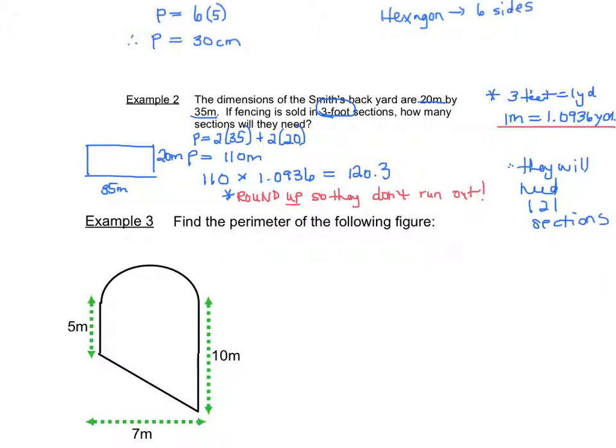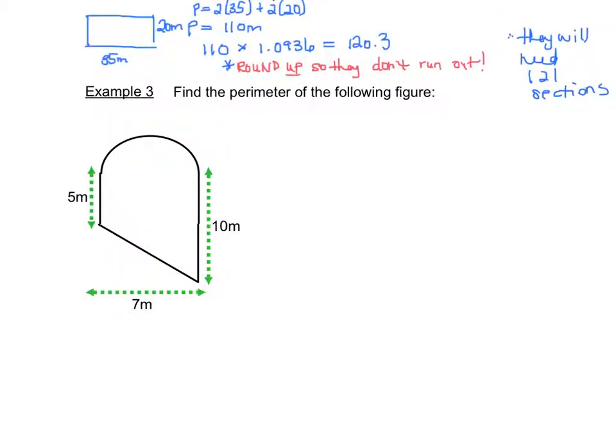All right, turning our attention to the last example, we have a composite shape. We are asked to find the perimeter of this composite shape, and just to jog your memory, a composite shape is any two-dimensional figure made up of one or more other two-dimensional figures.